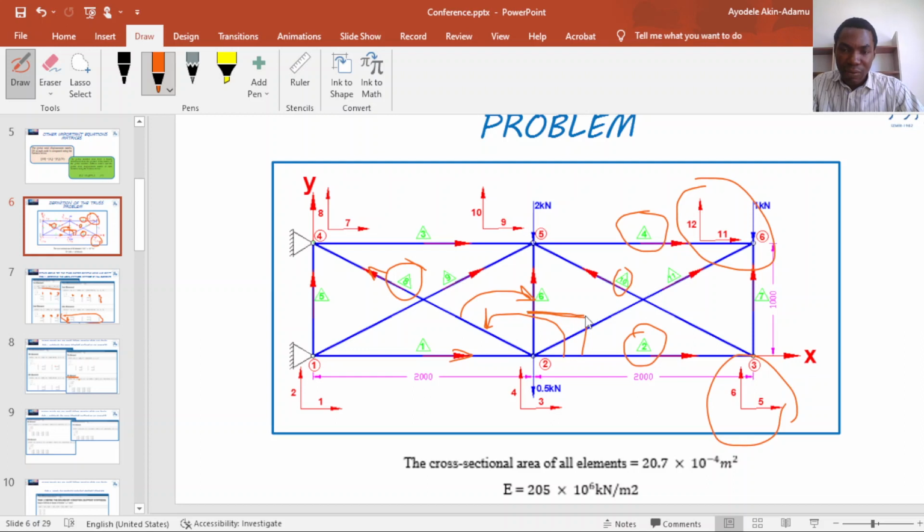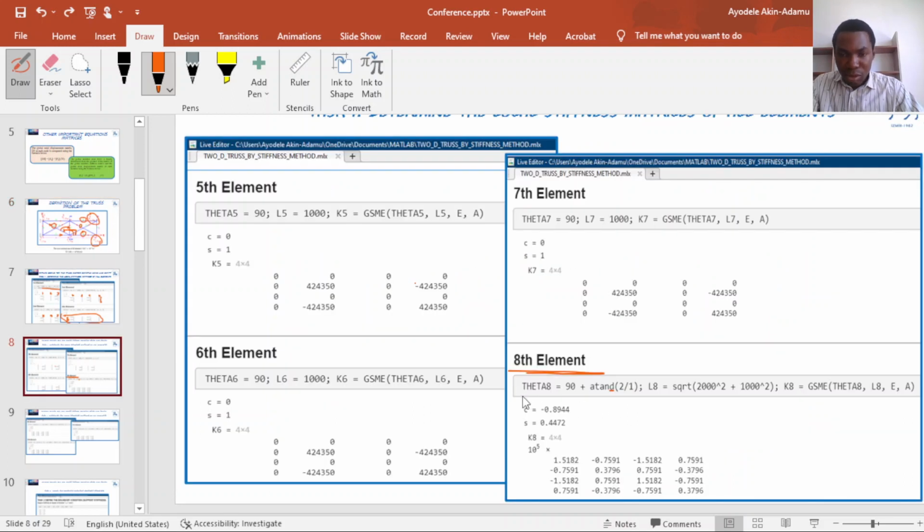Tan theta equals opposite over adjacent. The opposite is 2 meters. The adjacent is 1 meter. So that's how we compute the angle. So in Matlab, this computes our theta 8: 90 plus arctan 2 over 1.